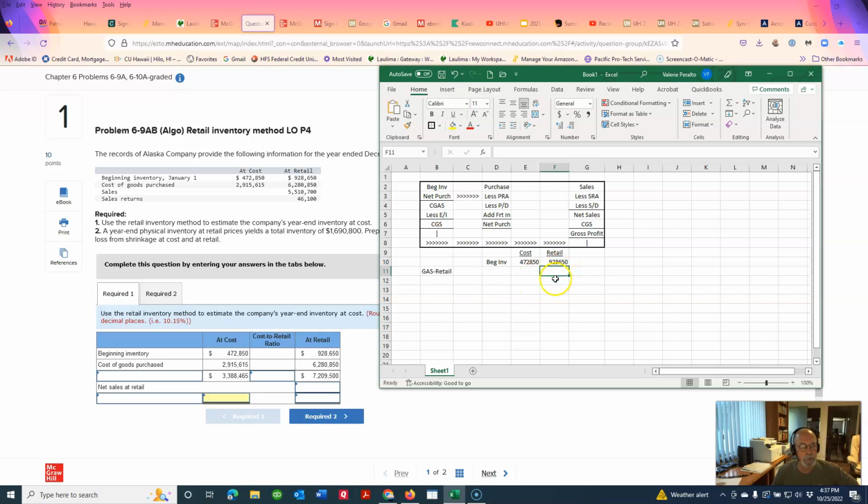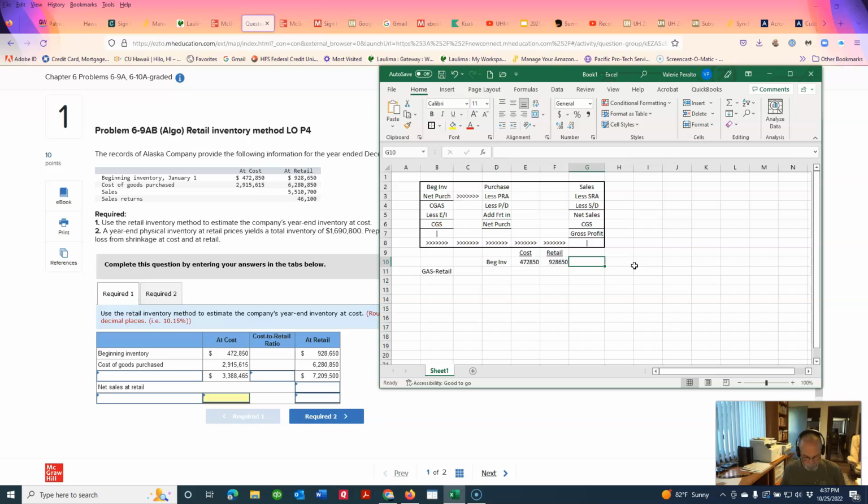How do we know our beginning inventory at retail? Well, large retailing or merchandising establishments generally maintain a cost to retail ratio or a cost to retail percentage.